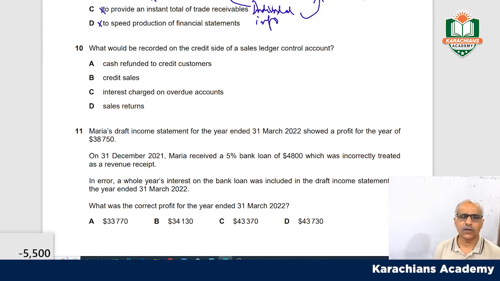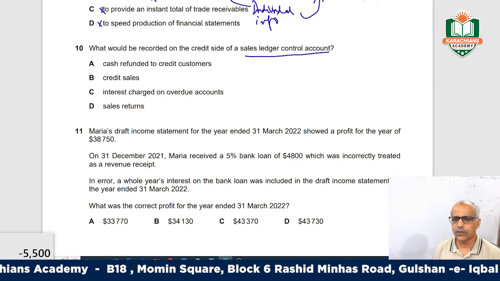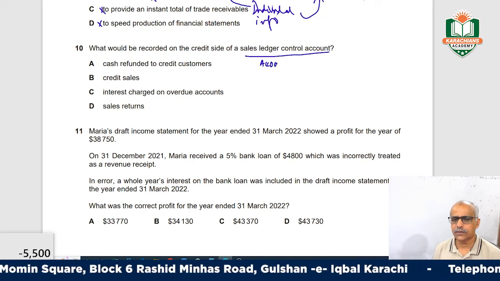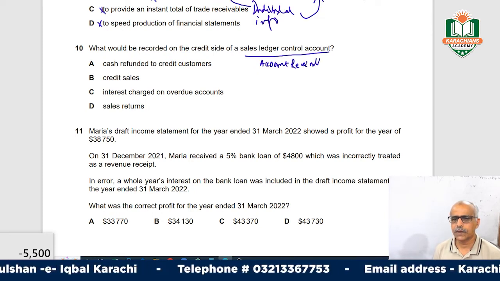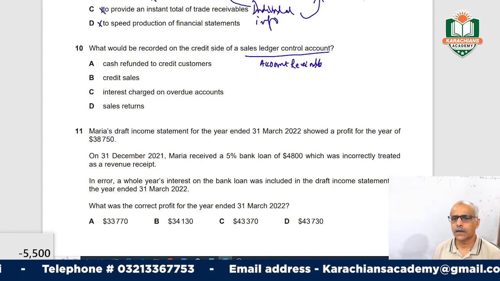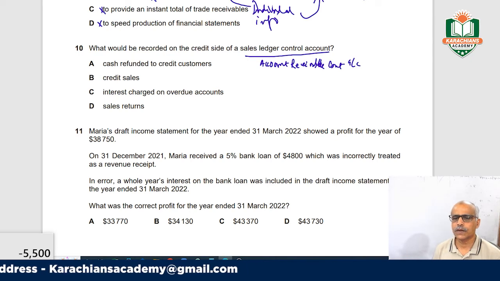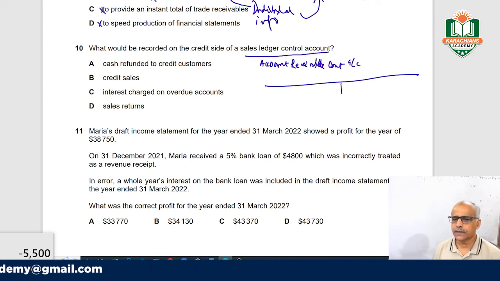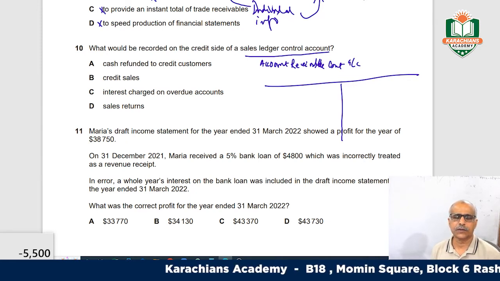Question number 10. What would be recorded on the credit side of the sales ledger control account? What is the sales ledger control account? Again, it is the accounts receivable control account. This is maintained for total cash refunded to credit customers.